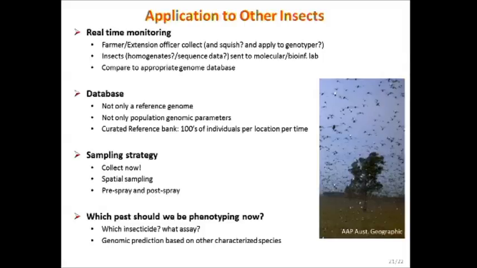Now that database is not just the reference genome, that's something that's required, but it will also have information about population genetic parameters that are important. Even more than that, that database is going to be enriched with sequences from hundreds of individuals per location, per time.